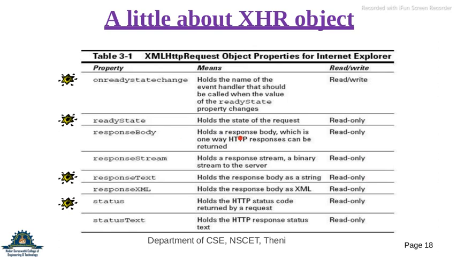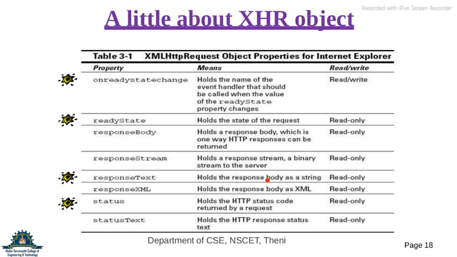Next thing, responseBody. It holds the response body, which is one way HTTP responses can be written. Like we saw in the past diagram, every response will be sent from the server, and that response can be an HTML page, a JSP page, or an XML page. Everything will be held inside this responseBody. Next thing is responseStream. While you are dealing with binary streams, binary values or binary content, you can use responseStream.